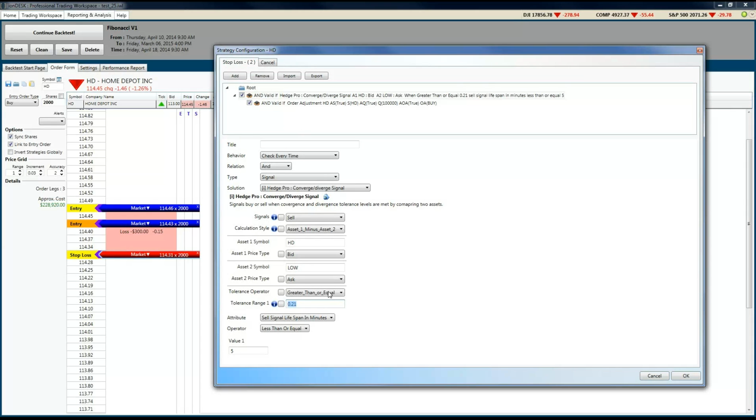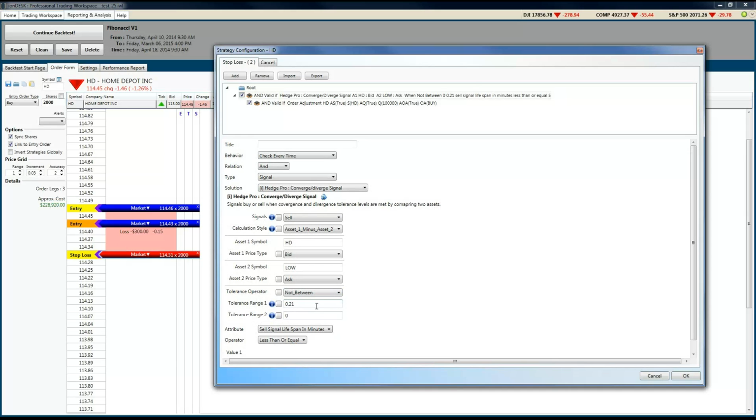Now, of course, in a real world scenario, you would want to begin to look at not between probably, okay, as you're exiting. Because if you can imagine that in the real world, you would probably want to stop at some point because I have done some testing and I saw that Lowe's just had a blowout day, right?